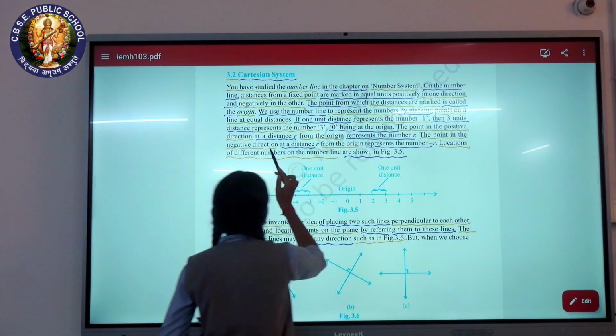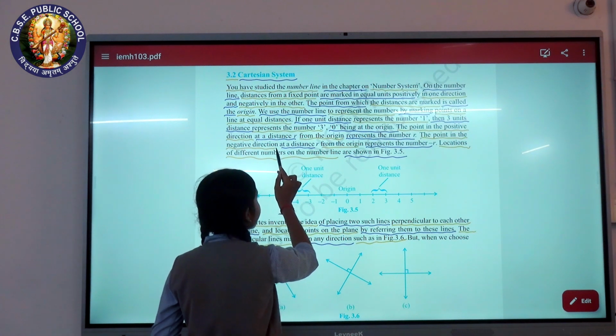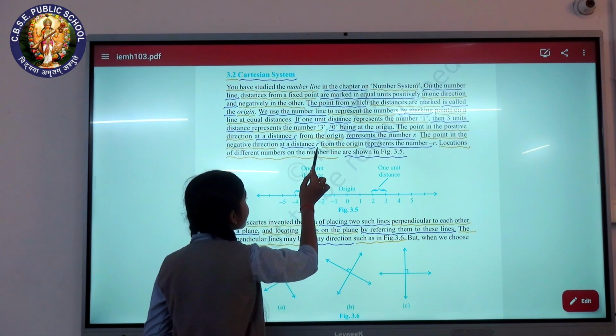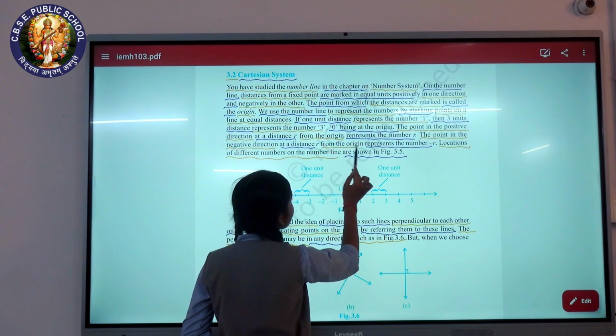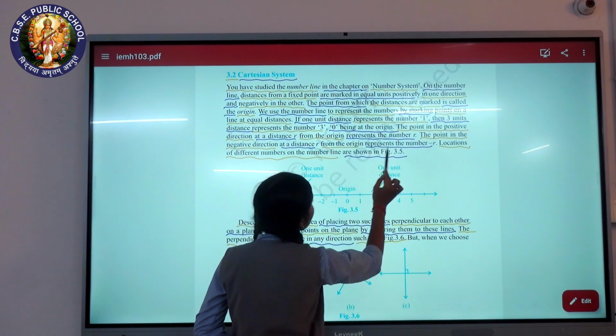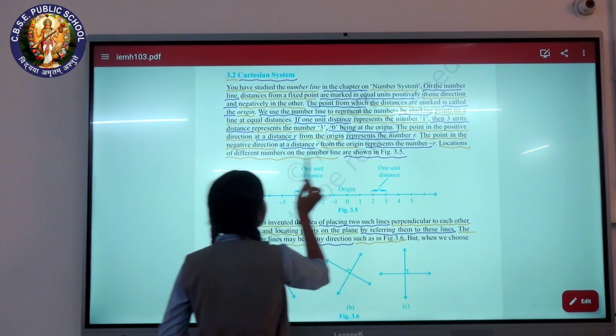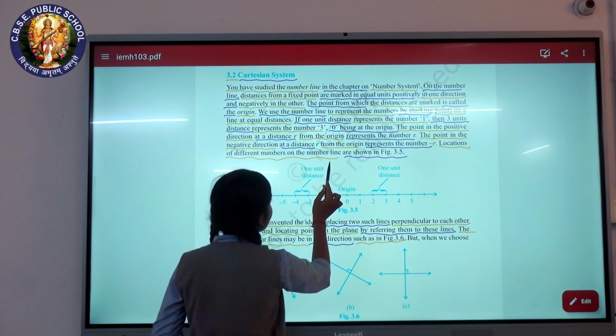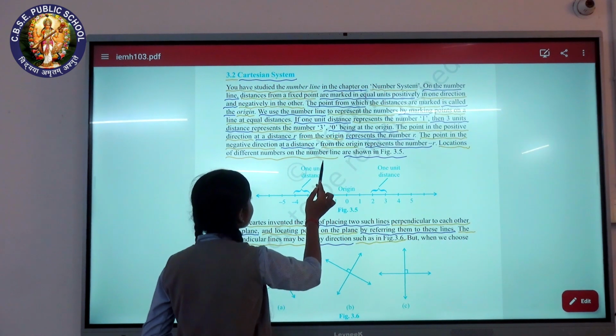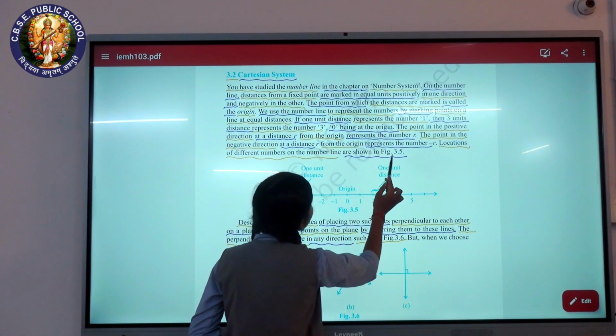The point in the negative direction at a distance r from the origin represents the number minus r. Locations of different numbers on the number line are shown in figure 3.5.